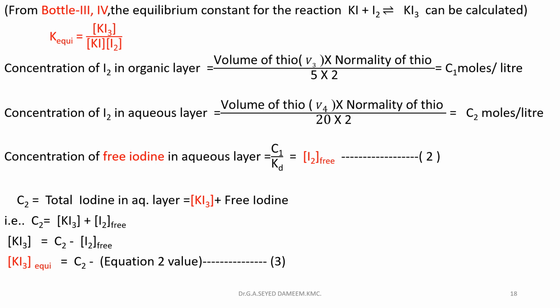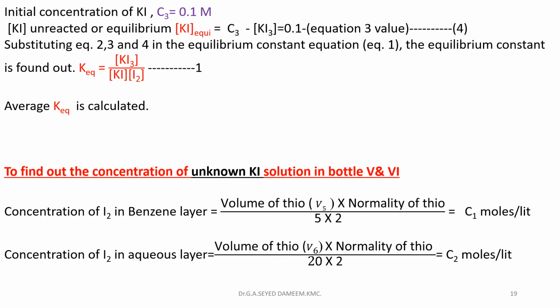That is C2 minus the equation 2 value, which is the concentration of KI3 at equilibrium. Let this be equation 3. Now the initial concentration of KI is 0.1 molar.